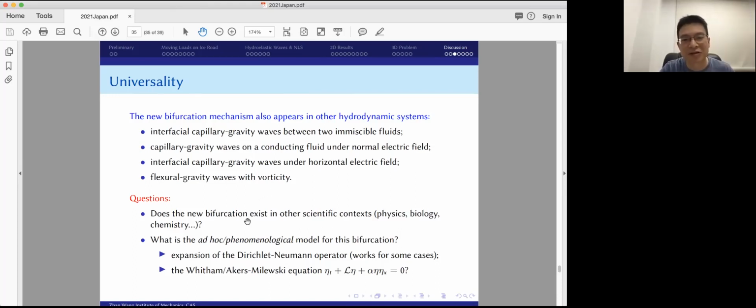And the question is, does this new bifurcation exist in other scientific contexts, for example physics or biology or chemistry? And the second question, what is the ad hoc model? Because for shallow water, there's the KdV solitary wave, you can have the KdV equation, and for the wave packet solitary wave, you can have the NLS equation. So what is the ad hoc model, the phenomenological model, for the new bifurcation?